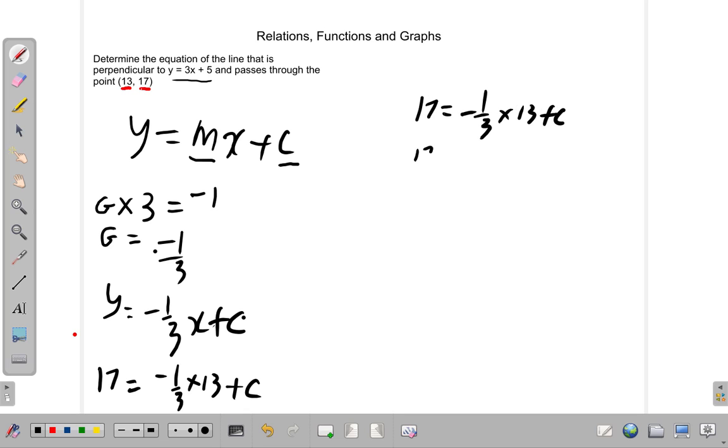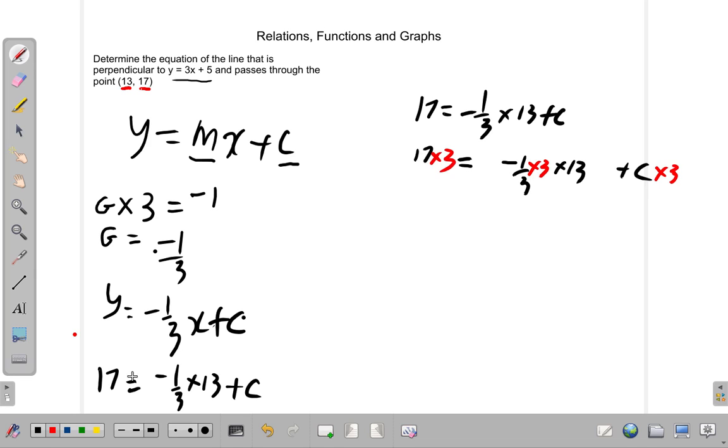Let's just multiply everything by 3. If we multiply everything by 3, c will be multiplied by 3, the -1/3 times 13 will be multiplied by 3, and 17 will be multiplied by 3.